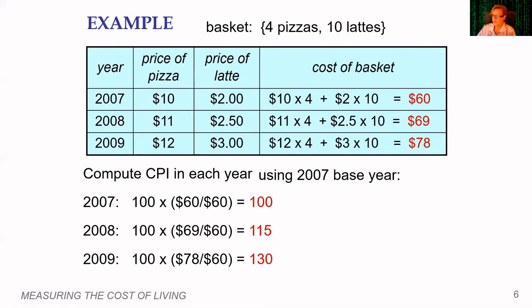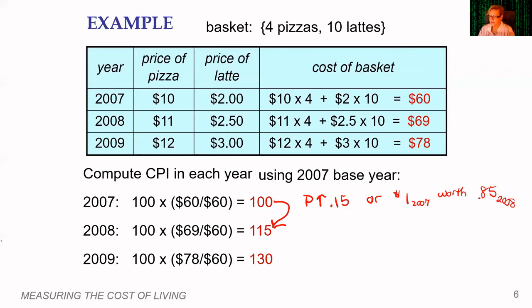Now, again, why do we use basis points? Because it's easy for us to kind of say what happened. So if I'm going to interpret these basis points, this is how I would do it. Between 2007 and 2008, the prices increased 15 cents, or $1 in 2007 is only worth 85 cents in 2008.